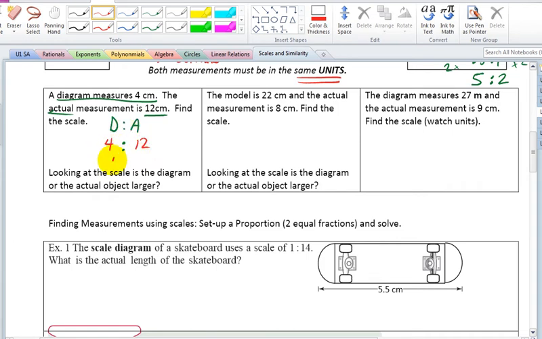Lowest terms then, 1 to 3. So which one has the bigger number? Diagram or the actual? Actual. So looking at the scale, which one's larger then? The actual object's larger. So your scale number will tell you which one's larger. Try the next one. Go.